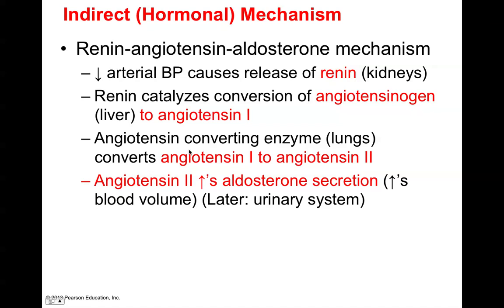Angiotensin converting enzyme, put out by the lungs, will convert angiotensin 1 into angiotensin 2. Angiotensin 2 then goes to the adrenal cortex and will stimulate the release of aldosterone. Aldosterone secretion will increase blood volume because it conserves sodium.